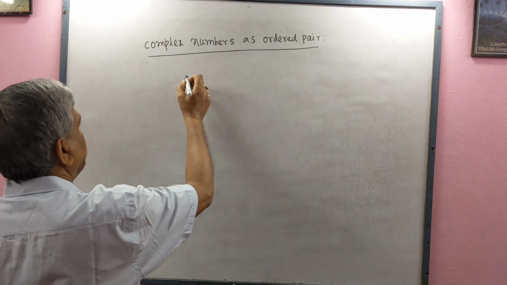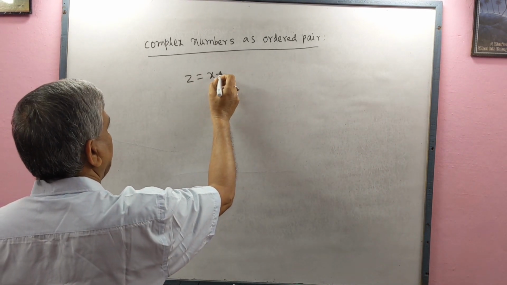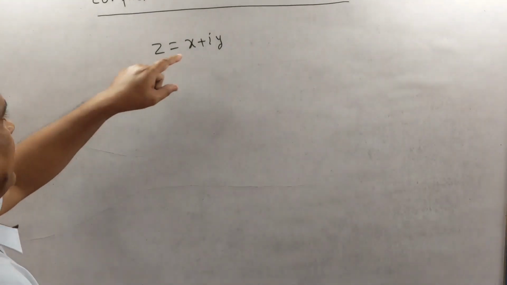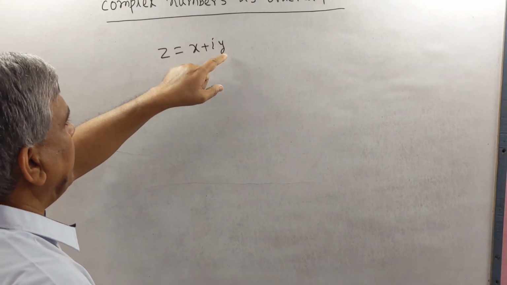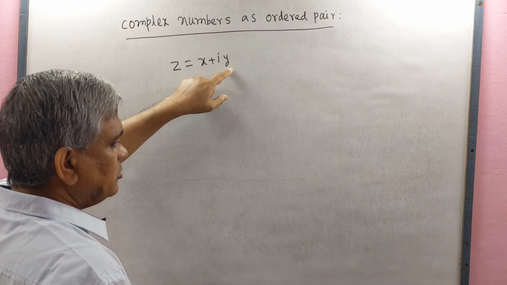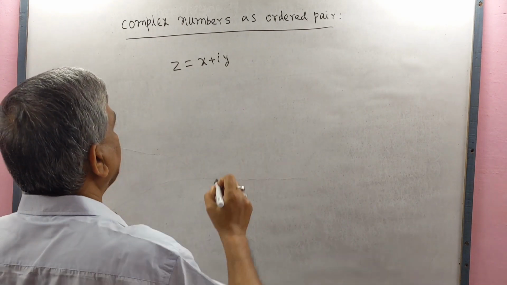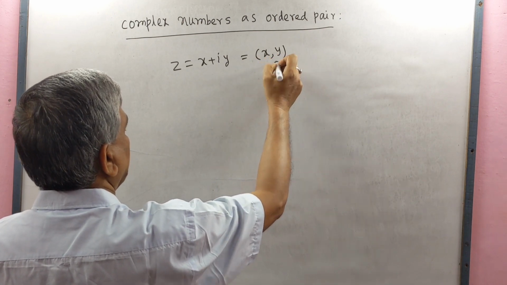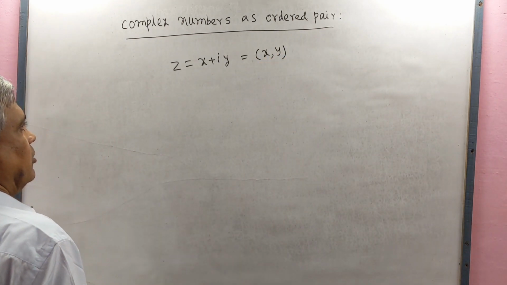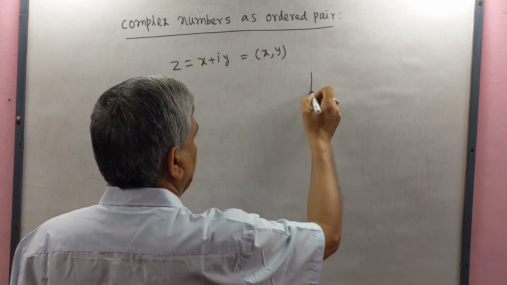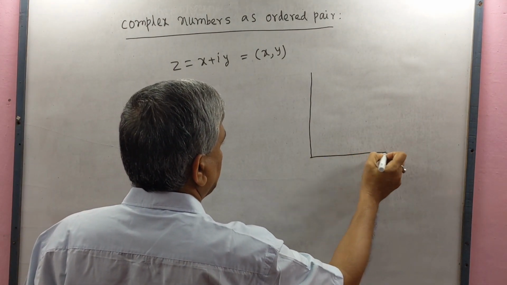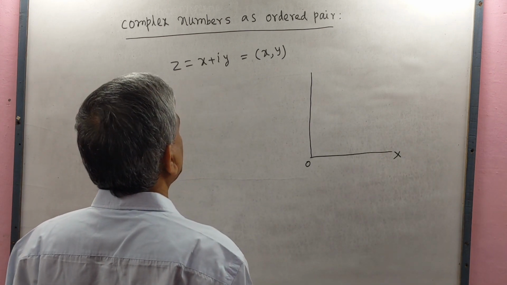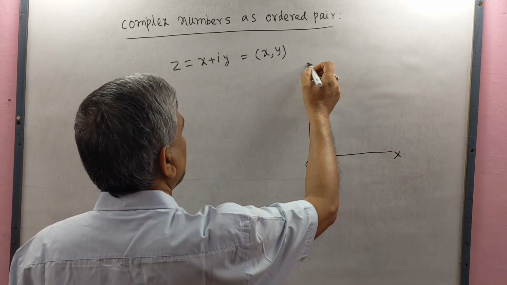Let z equal to x plus iy is a complex number. Here real part is x and imaginary part is y. We may write this as an ordered pair (x, y). If we draw two axes, one axis OX, another axis is OY.